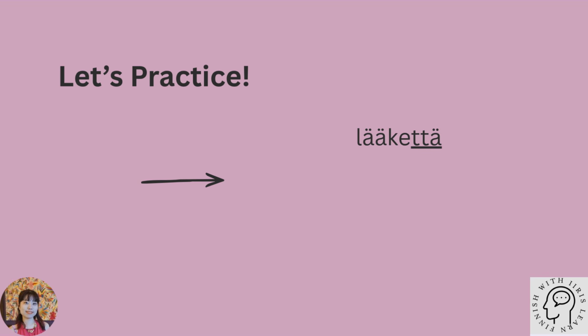The first one is 7 medicines. The basic form is lääke, which ends with letter E, so we add TTÄ. Therefore, 7 medicines is 7 lääkettä.